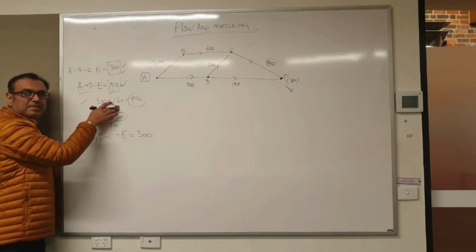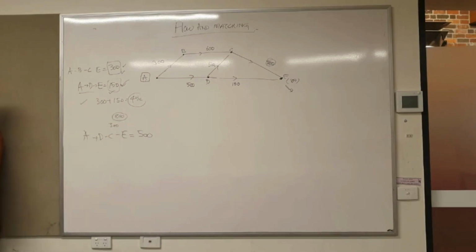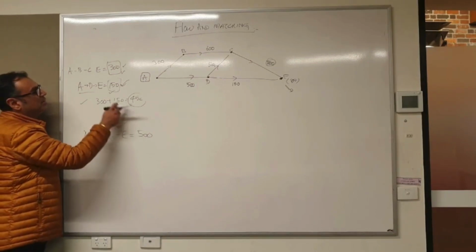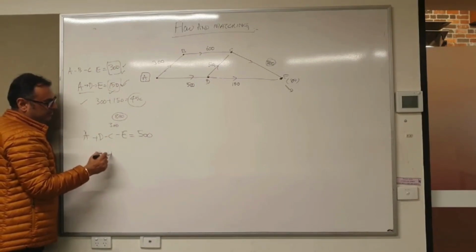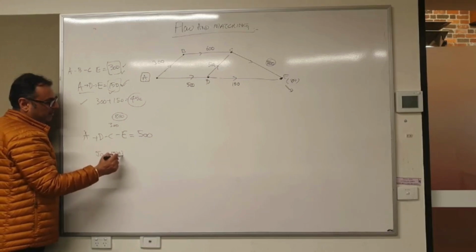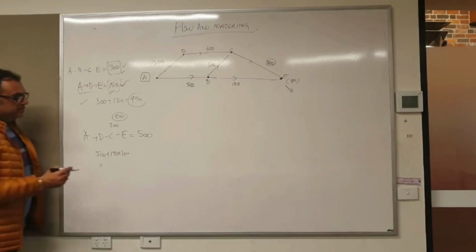We added their capacities, and that's the max that can flow out. Let's try that here as well. So I say 500 plus 150 plus 300. How much is that? 950.